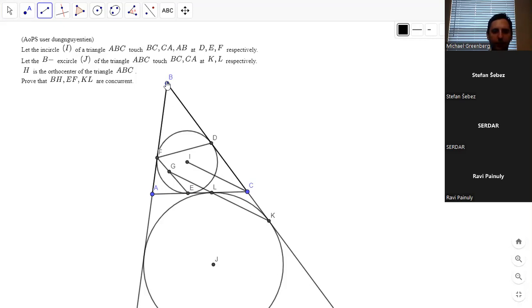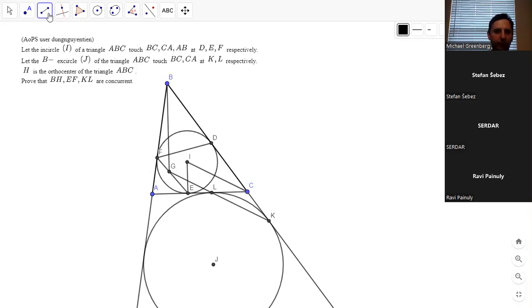We want to show BG is parallel to IE, but we know that CI is parallel to LG. So I don't know if that might help. I wonder if CI passes through this point.